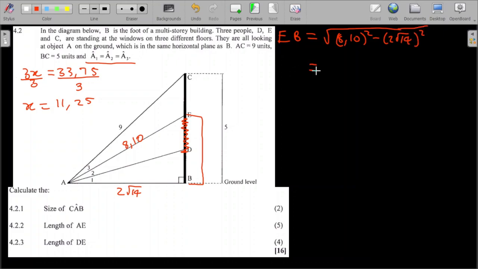So if I punch those in my calculator, 8.10 squared, then minus 2 root 14 all squared, this is giving me 3.1. So UEB is 3.1.